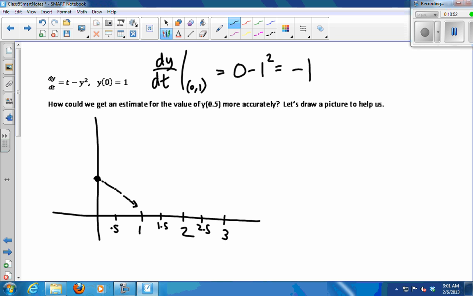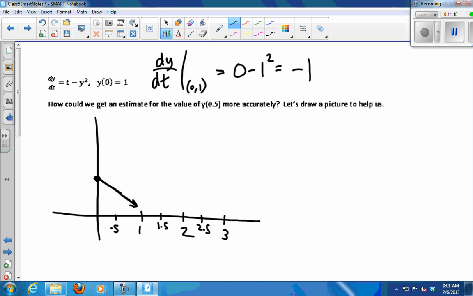I'm going to say 0.5 is pretty close to this point, which is tangent, right? Right here, I know this point is on my curve. So this point is on the solution, and this is a tangent to the solution. So this is a pretty good approximation of the solution as long as I stay relatively close to this point of tangency. And we're going to call 0.5 relatively close.